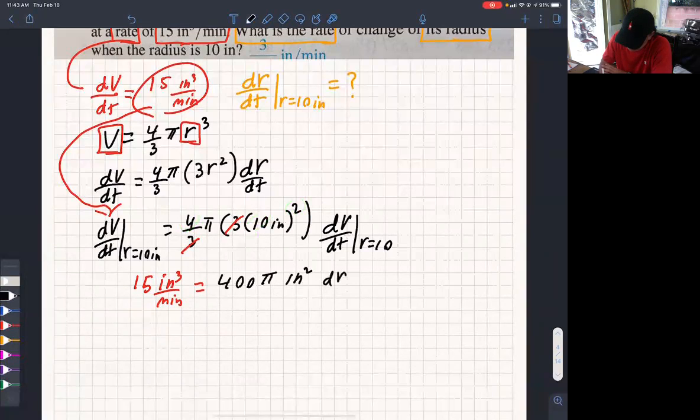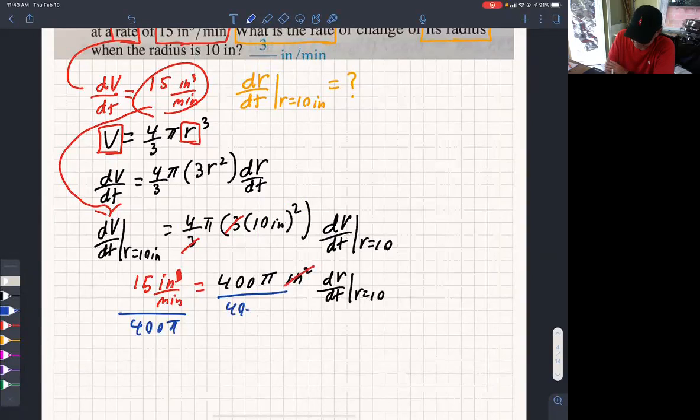And we're looking for dr/dt. So let's start canceling things out. If I divide both sides by square inches, 2 square inches cancel out with 2 of those, leaving 1. Then I'm going to divide both sides by 400 pi. And all those cancel.